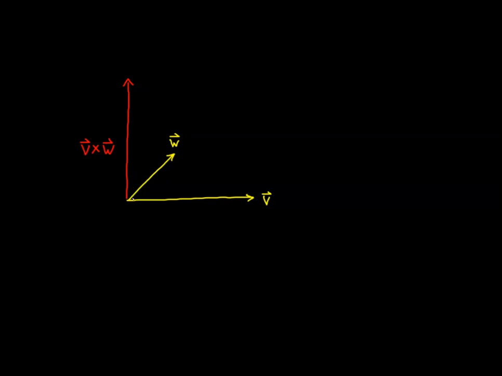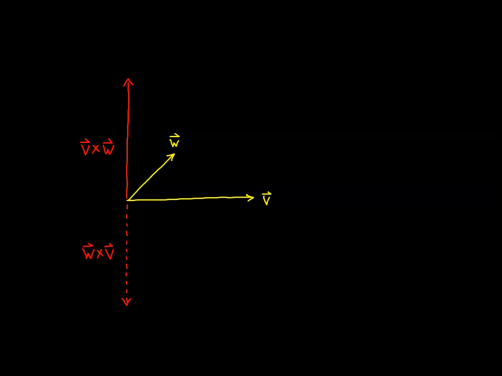Okay, now to establish the direction, we use the right-hand rule. The right-hand rule is that you point your index finger in the direction of v, and then you point your middle finger in the direction of w, and then when you do that, your thumb is going to point in the direction of the cross product, like this. So note in particular that v cross w is not the same as w cross v.